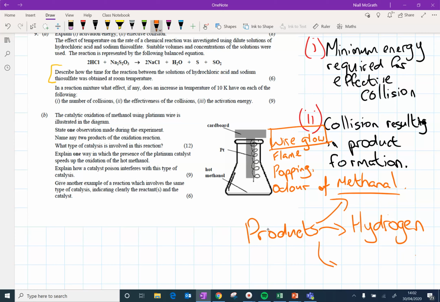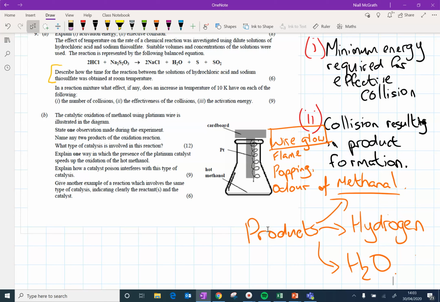And the last one is water. So there are 3 products. Unfortunately, they just have to be learned off. Some of the observations might give a clue as to what products are formed. You have the odor, you have a popping noise as well. They can give clues as to what's going on, but they really just have to be learned off, unfortunately.